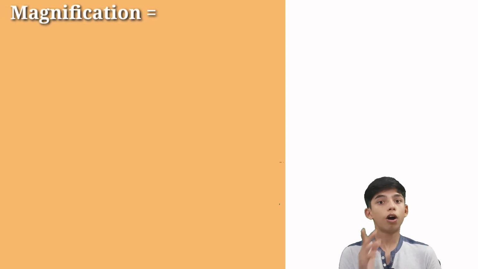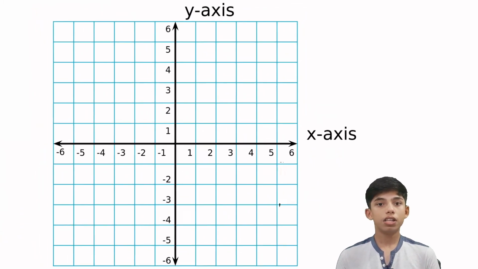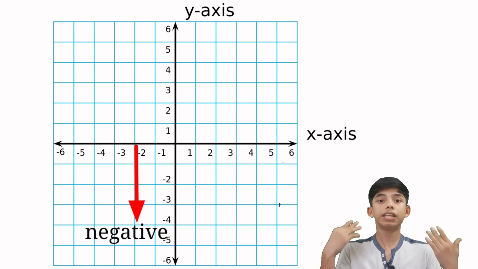Right now our value is positive. It seems as if we have made some mistake, and we actually did. In the place of magnification we wrote 3, or positive 3, but it is not going to be positive 3, it is going to be negative 3. Why? From our ray diagram, as you can see here, the image is inverted, and whenever the image is inverted, it simply means the magnification is going to be negative.